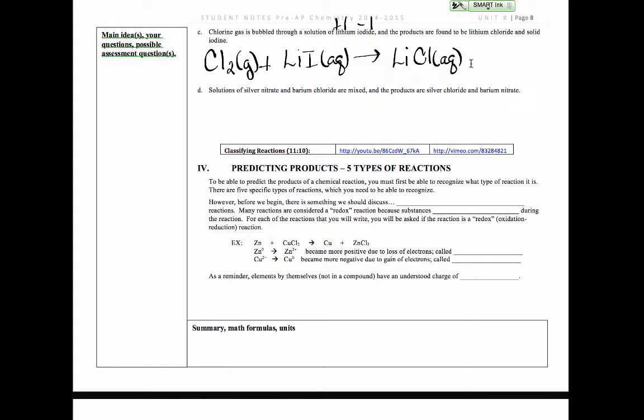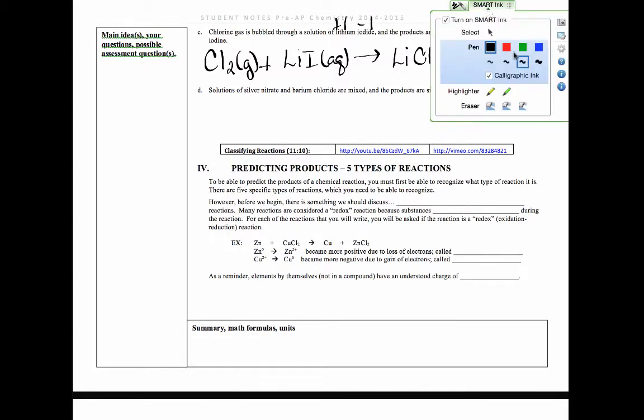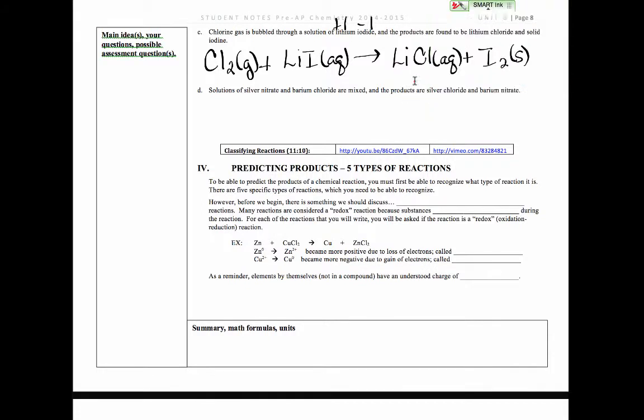It's nice to not have to look at the rules if you don't have to, but you will be given those solubility rules. Plus solid iodine, so I2 solid. And we've written out all our chemical formulas. Before we leave it, we want to balance it, something I will often forget to do because I'll get talking to you. And so if I put 2's there, that's a balanced equation.